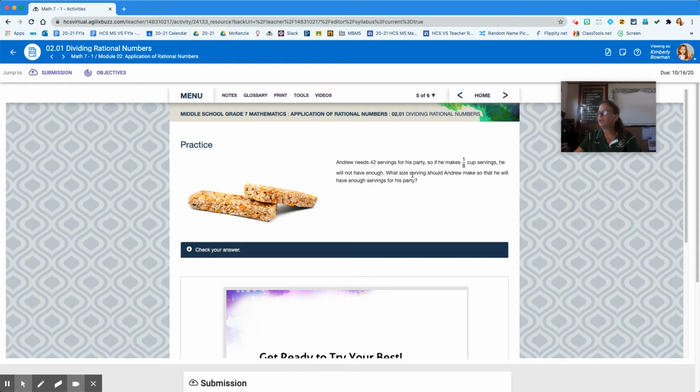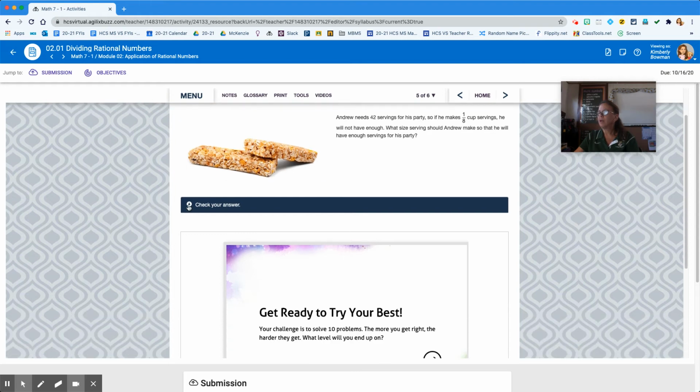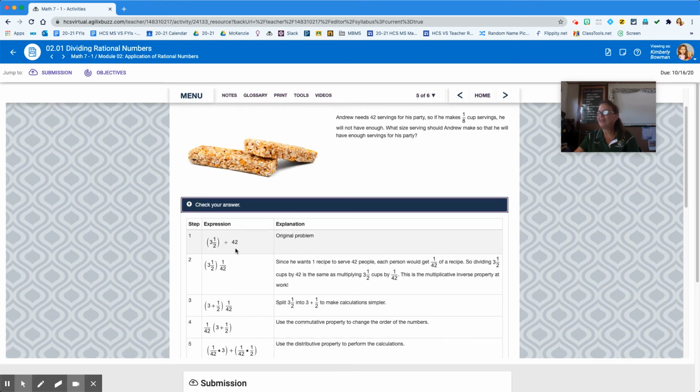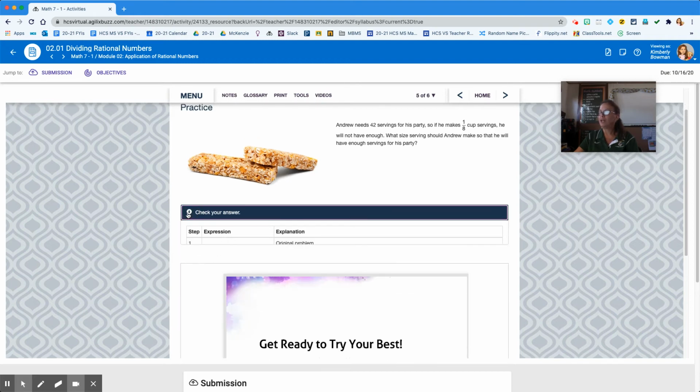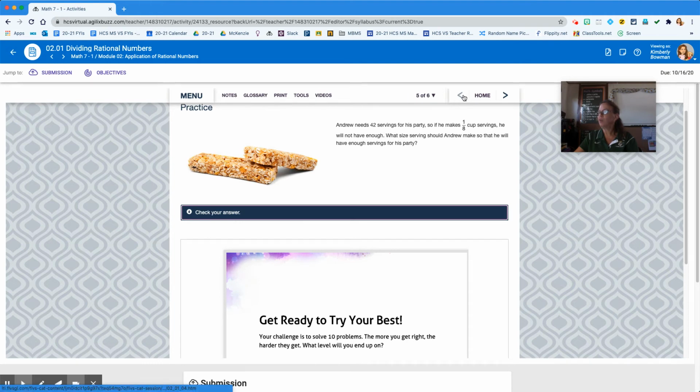42 servings. I don't remember the problem. I'm sorry. Okay, there was his original 3.5 cups, and he wants to divide it into 42. That's what you needed, was that 3.5 cups. So what I should have done is I should have said, I forgot what he was doing.